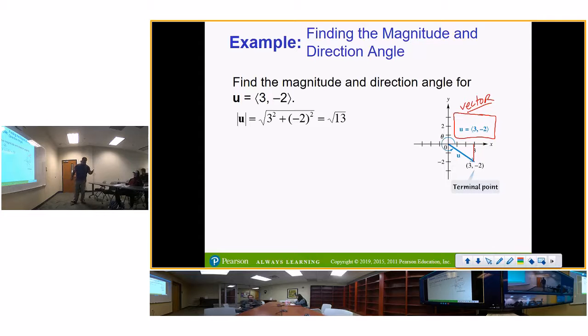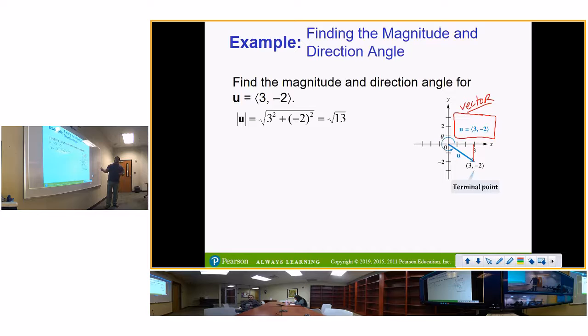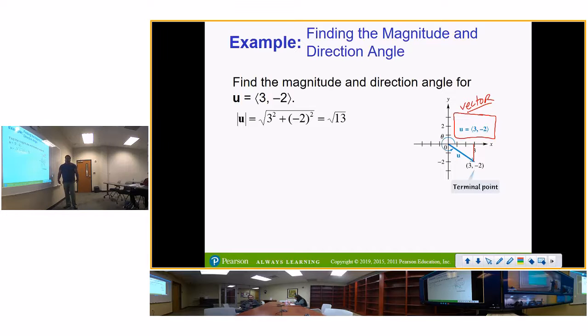Later, it's going to become the resultant vector, and you may have to use law of sines, law of cosines, or right angle trig. So this is one question you might see on the test. This is a homework question. This is where you actually start using trig to start doing vectors.